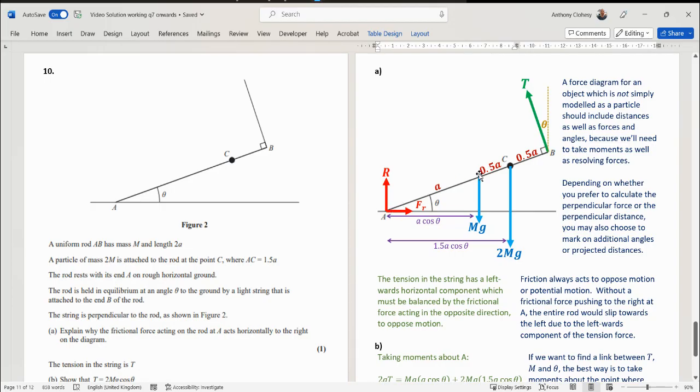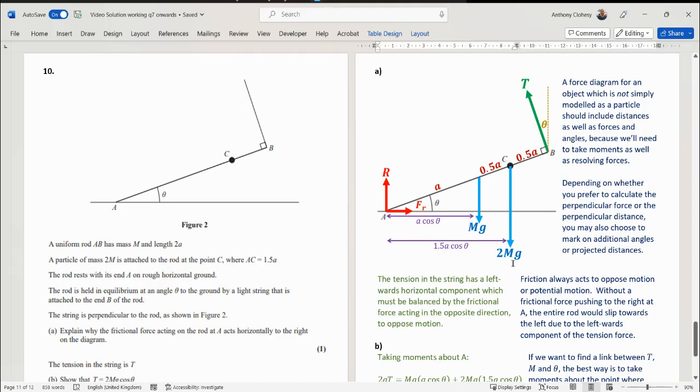If A is the hypotenuse and theta is the angle here, then the base of this little right angle triangle is the adjacent side. And the adjacent divided by the hypotenuse is cos theta, which means this has to be A times cos theta. Exactly the same sort of thing gives me the 1.5 A cos theta, which is the distance from A perpendicularly to this force.